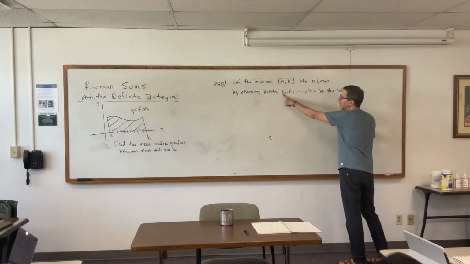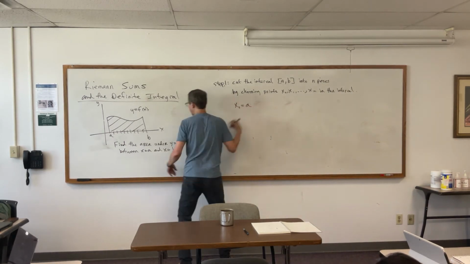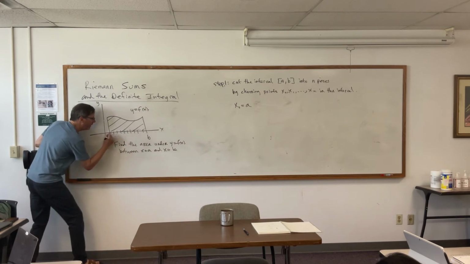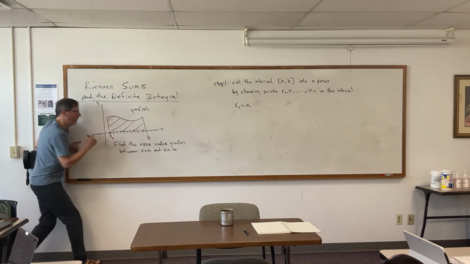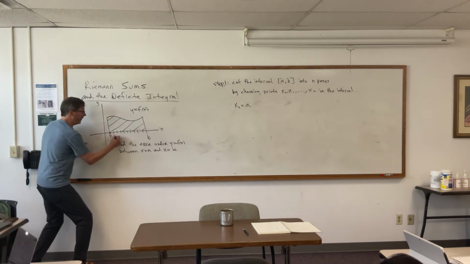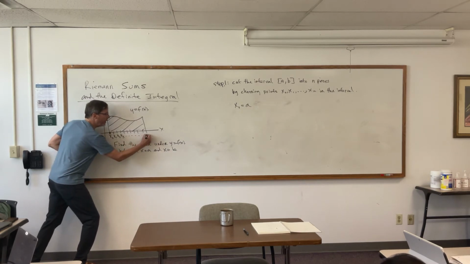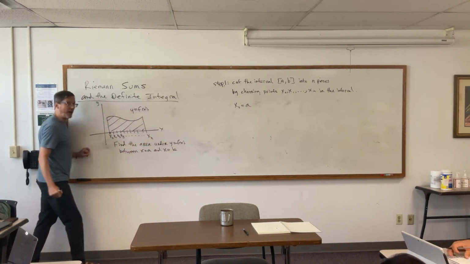Now x0 is going to be the left endpoint, so x sub 0 is going to equal a. Let's mark that off right here. So here's x0. x1 is the next one. So here's x sub 1. Here's x sub 2, x sub 3, all the way down. b will be x sub n.